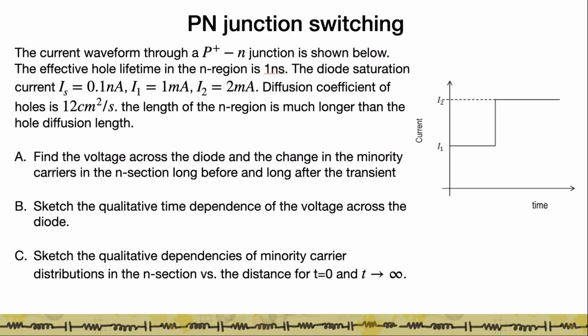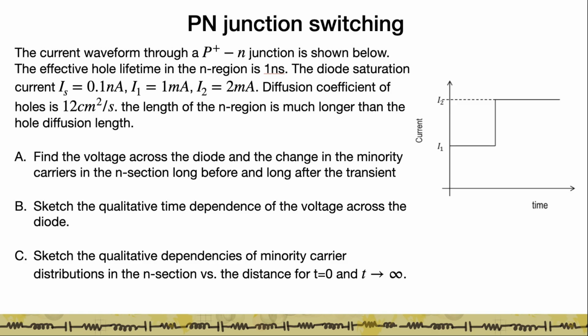The current waveform through a P plus N junction is shown below. The effective hole lifetime in the N region is 1 nanosecond. The diode saturation current is 0.1 nanoamp. I1 in the figure is 1 milliamp. I2 is 2 milliamp. The diffusion coefficient of the holes is 12 centimeters squared per second, and the length of the N region is much longer than the hole diffusion length.